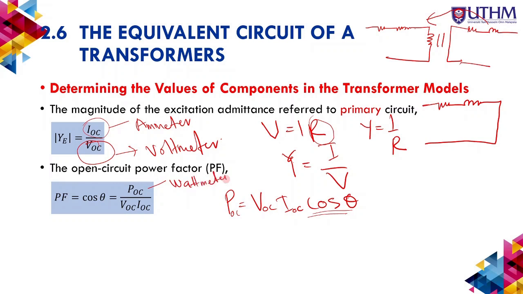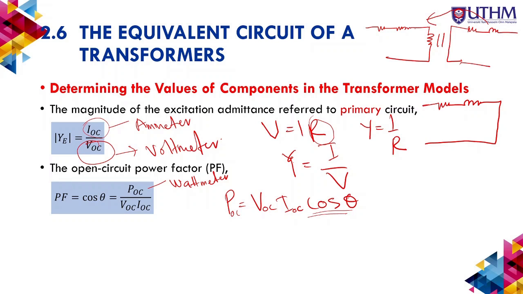Okay. So if you can see from here, most of the component, most of the value actually is given lah, ataupun is measured. Okay. Daripada measured item lah, daripada measured punya activity, so kita dapatlah power, volt dan juga voltage dan juga current.